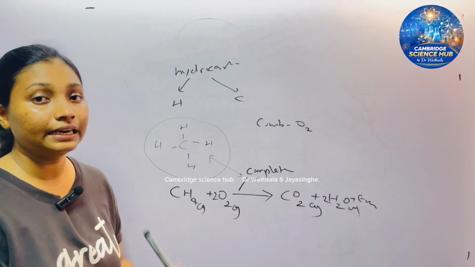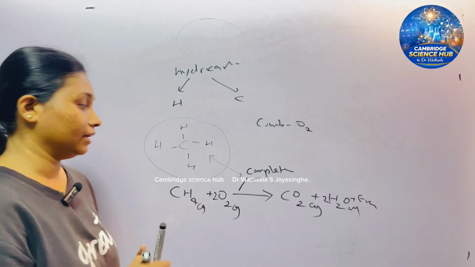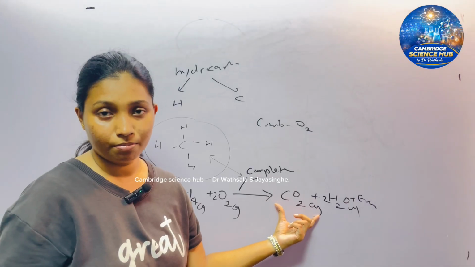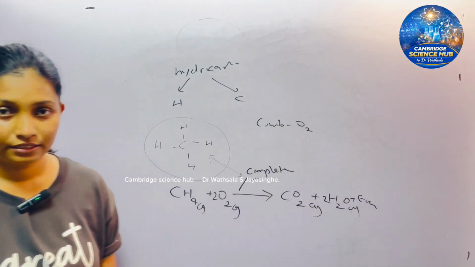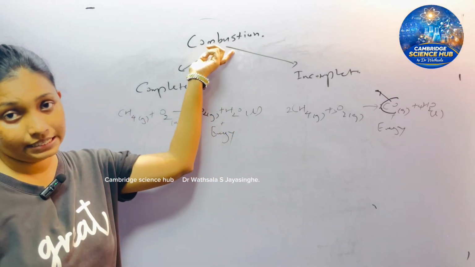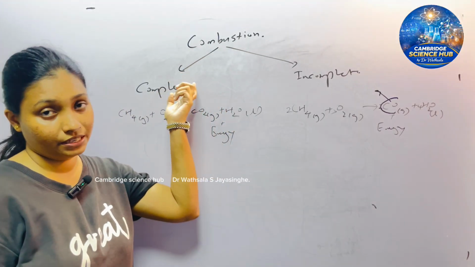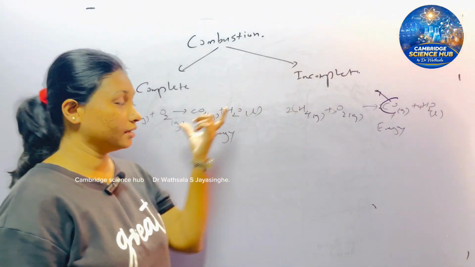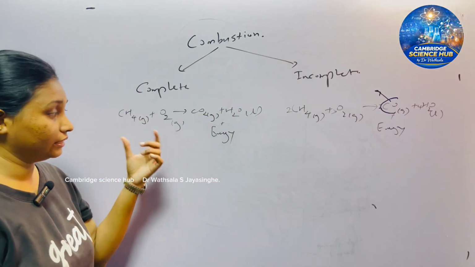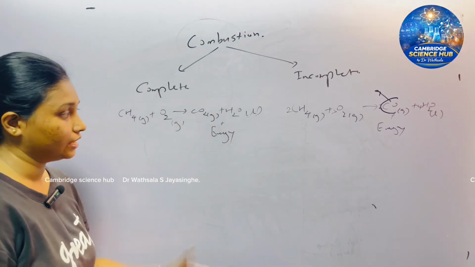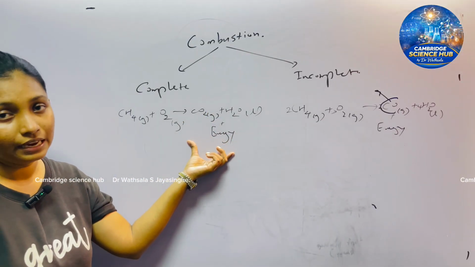Sometimes this happens in an incomplete manner. That is, they produce not carbon dioxide, they produce carbon monoxide. Already we discussed combustion. Keep in mind, combustion happens in two ways: complete combustion and incomplete combustion. Complete combustion means it will be mixed with oxygen completely, carbon dioxide will be produced and a huge amount of energy will be released.